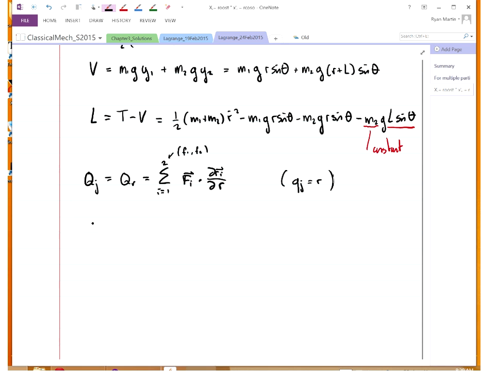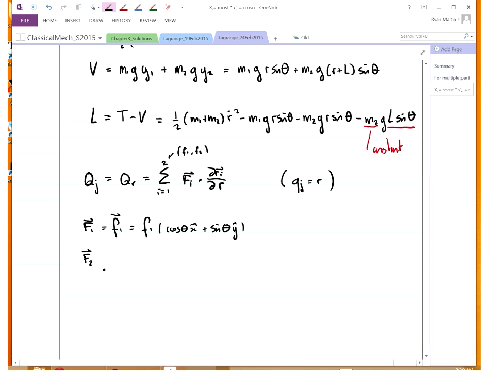So let me write out all the forces. Let's say that capital F1 is the same as the friction force F1. It has a magnitude F1, and an x component in the positive direction, so cos theta x hat, and a positive component in the y direction, so sine theta y hat.